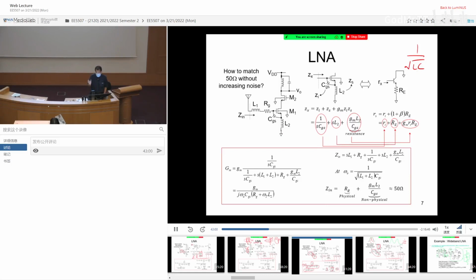As long as there is L and C, there is resonance. So where are the 2 resonances? This is one of them. And? This is another one of them. Am I right? So if you just rely on one of them, you get narrow band.